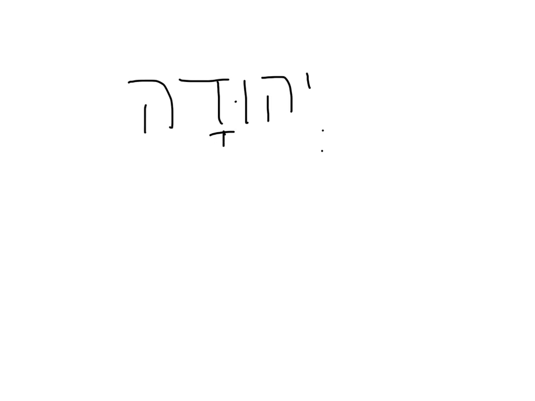Judah. Now, if we wanted to add a prefix preposition, we have a little bit of a problem here because if we wanted to say in Judah, we couldn't do that straight up because we cannot begin a word with two shvas.